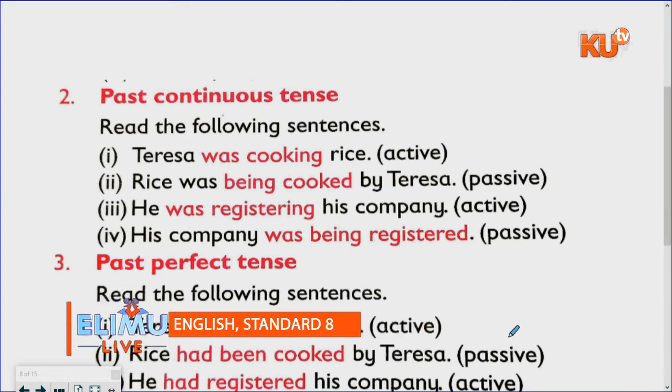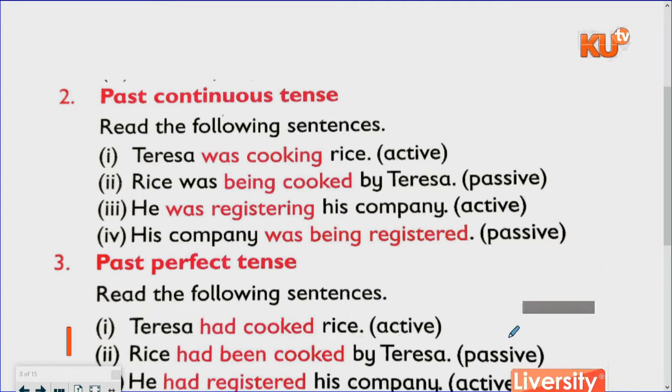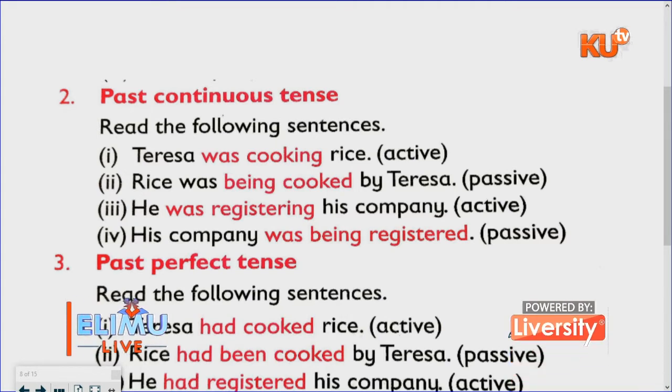I told you that the suffix ing indicates continuity, and therefore when it is used in a verb, you should know that the verb is in continuous tense. It could be in past continuous, present continuous, or future continuous. Teresa was cooking rice. It is in active, so it will change to rice was being cooked by Teresa.